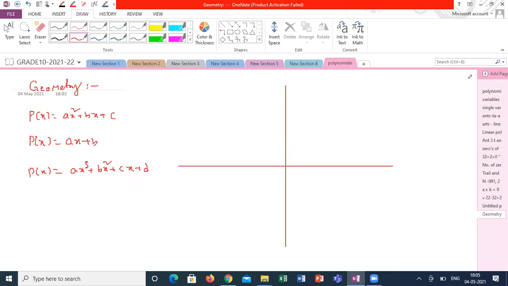They observed certain things. Taking ax plus b gives a straight line, and this gives a curve. They name it the quadratic curve. This is again a curve, and they name it the cubic curve. They observed what they observed is.